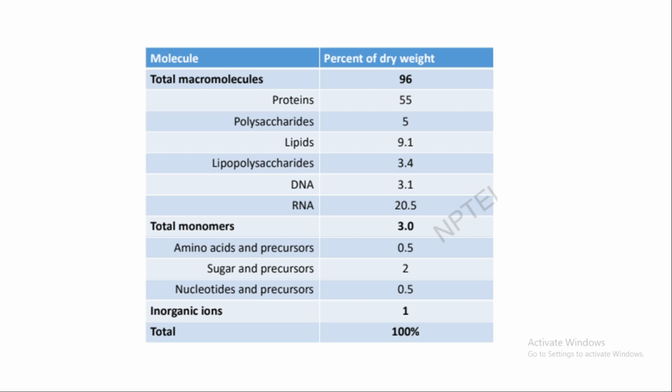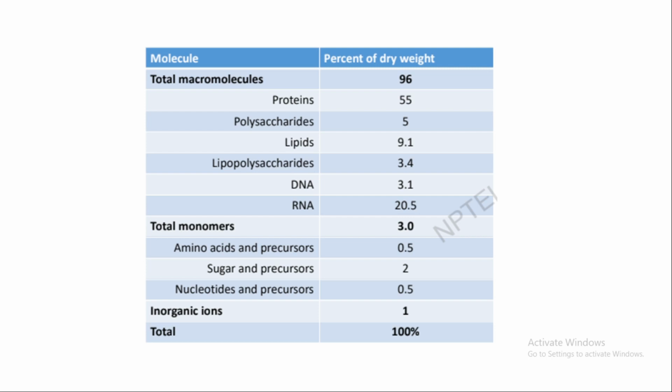Polysaccharides constitute 5% of the dry weight, lipopolysaccharides constitute 3.4%, and DNA only constitutes 3.1%. Okay, and apart from that, after 96%, out of the remaining 4%, 3% is constituted by the monomers of these macromolecules like amino acids, sugars, nucleotides, and 1% inorganic ions are present.